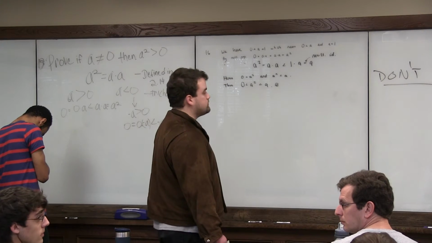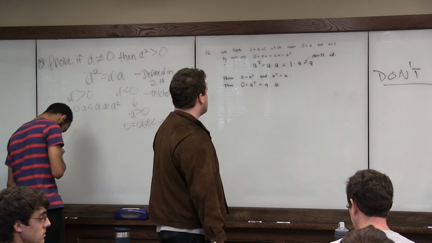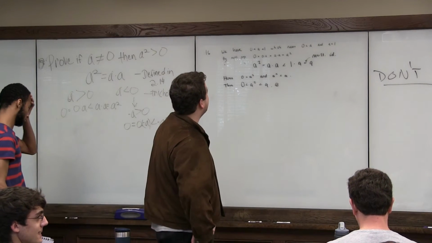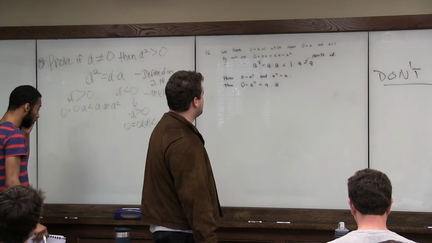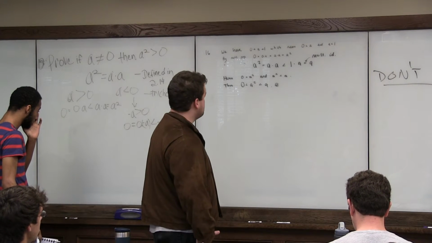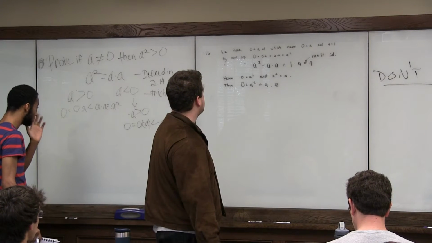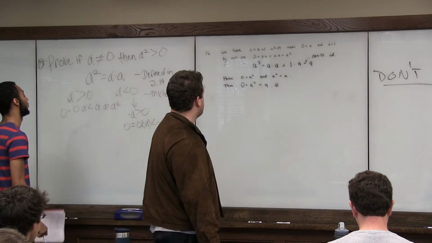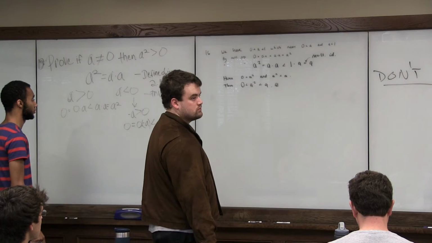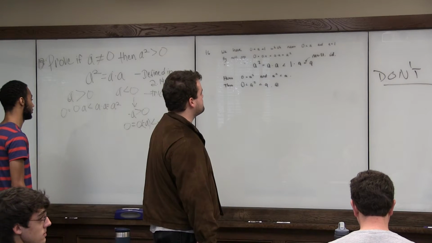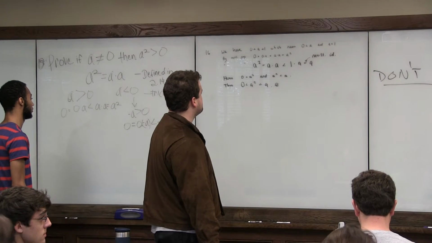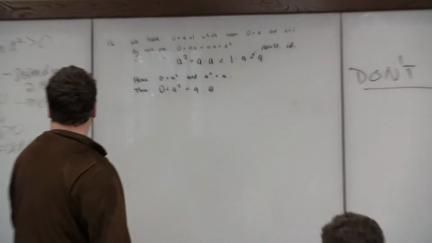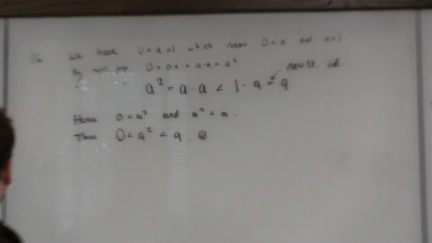I'm being really picky here. 0 less than a squared is already done by what Philip did, and you can multiply all the way across, because it's just an and statement. So part of it was done in his section, and you can always say that was already done earlier.